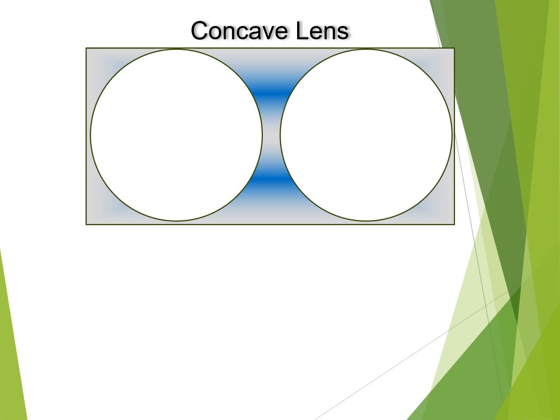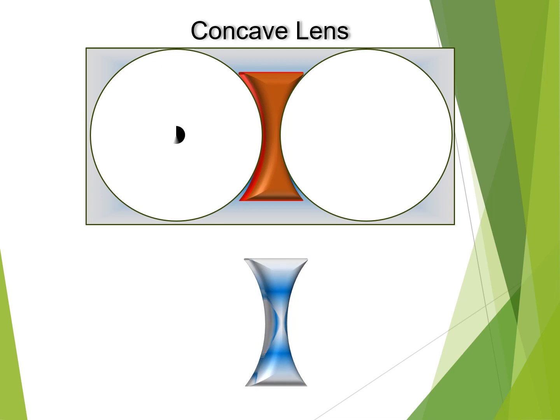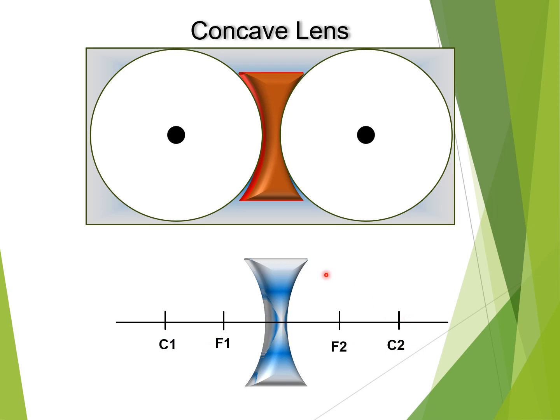After that, we cut and polish this surface also, this surface from the top, this surface from the bottom, then we get a shape like this, and this is what the concave lens is. The centers of these spheres which have been cut are called centers of curvature, and they are denoted with C1 and C2. We'll study about it later.